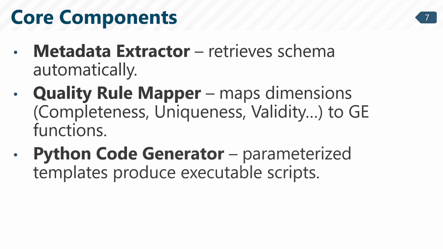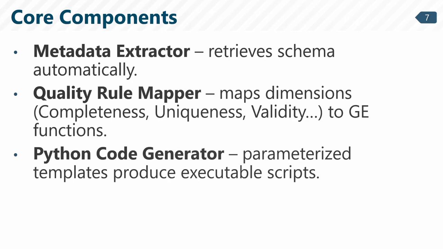This gives us a reliable picture of what should exist, automatically and repeatably. Second, the quality mapper maps each data quality dimension, like completeness, to a list of predefined Great Expectations.